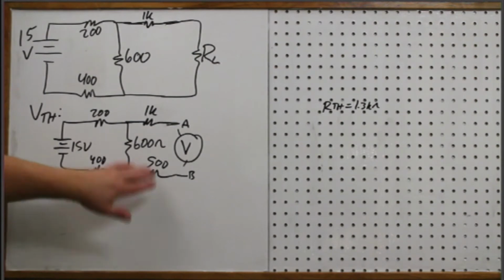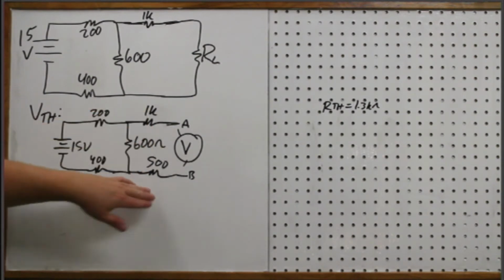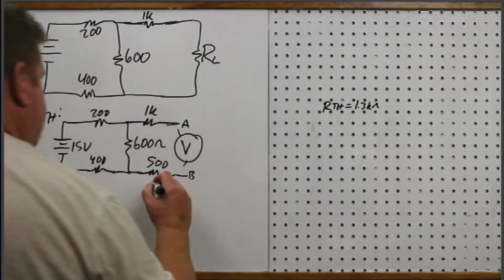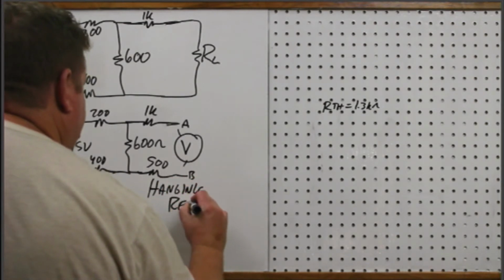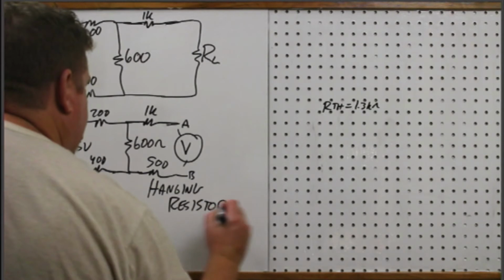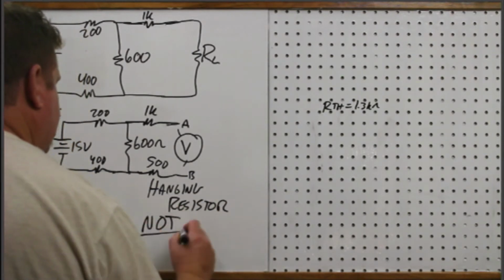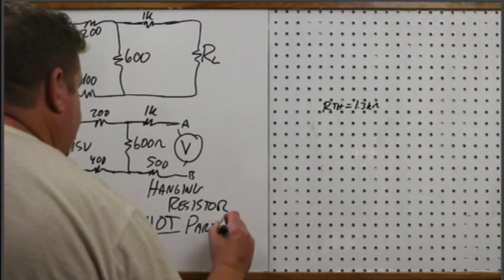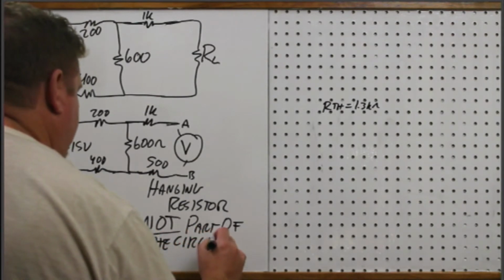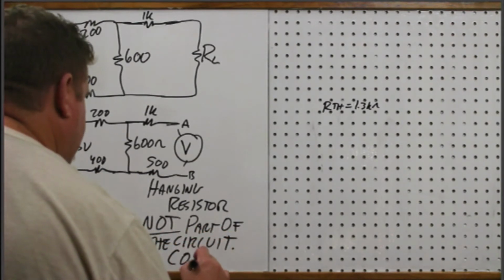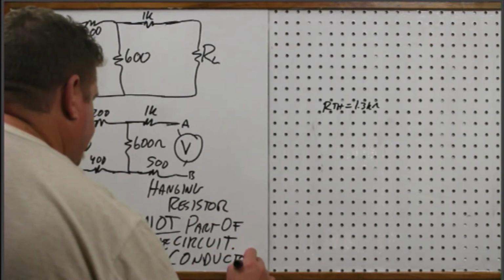So if you have either of these, they're what we call a hanging resistor. They are simply conductors.